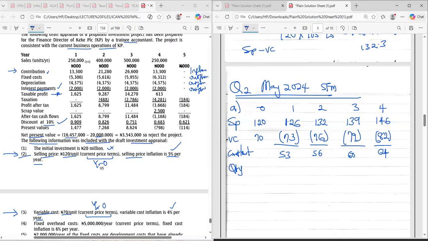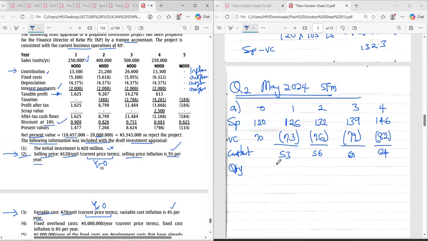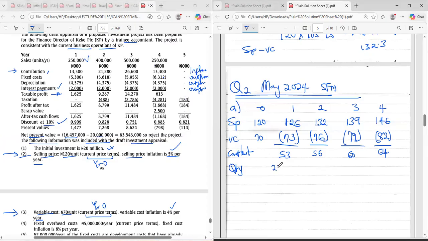Our quantity is 250,000, because I have to get total contribution now. So 250,000, multiply. This one, 3250.